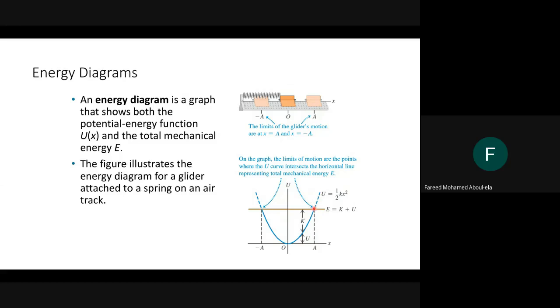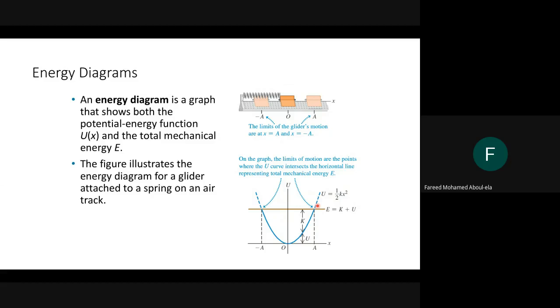So the total amount of energy is 1/2 KA squared, while there is enough energy for the mass to go only to minus A. It is not possible to go farther than that because there is not enough energy.